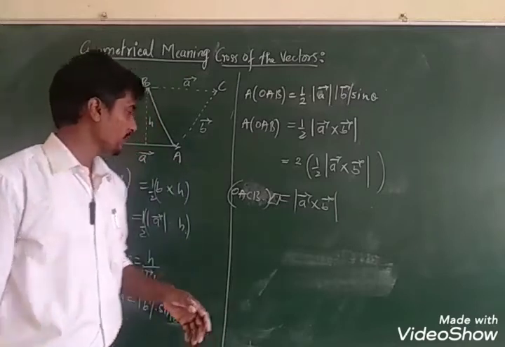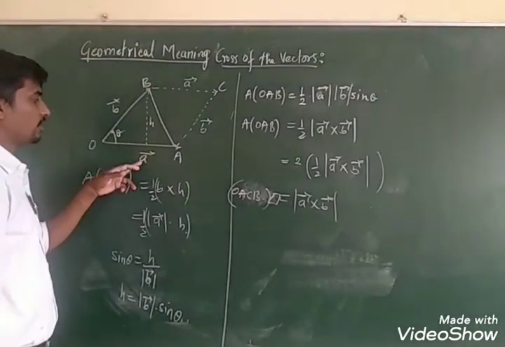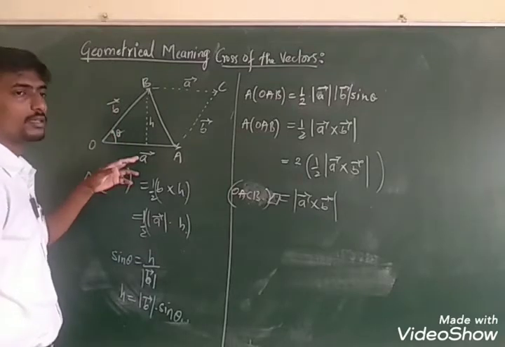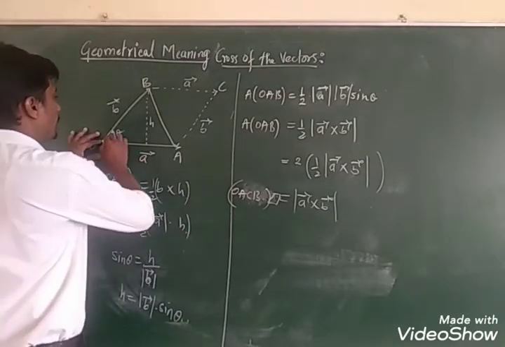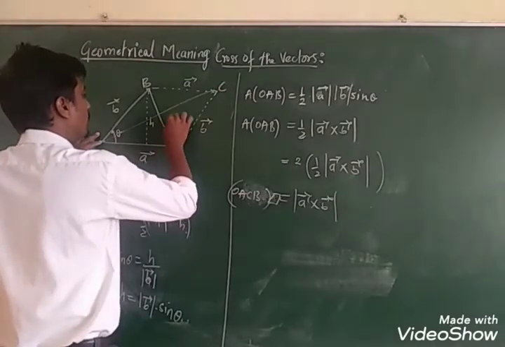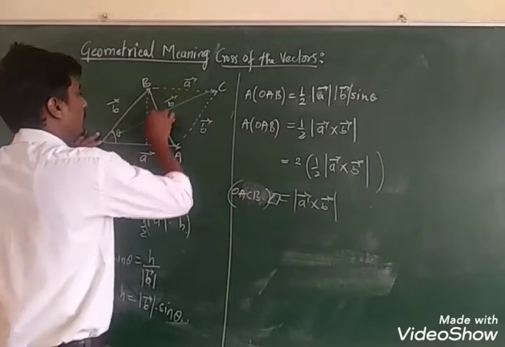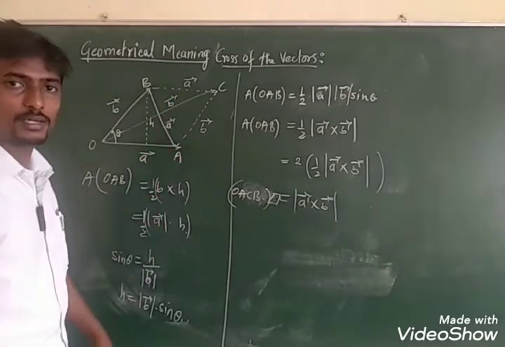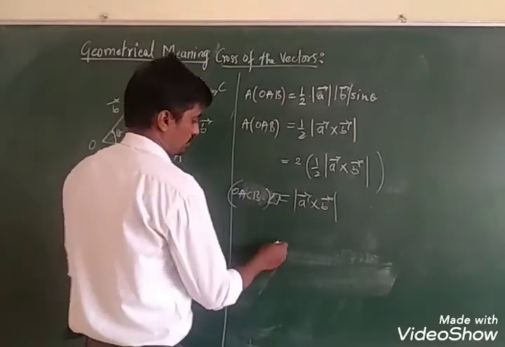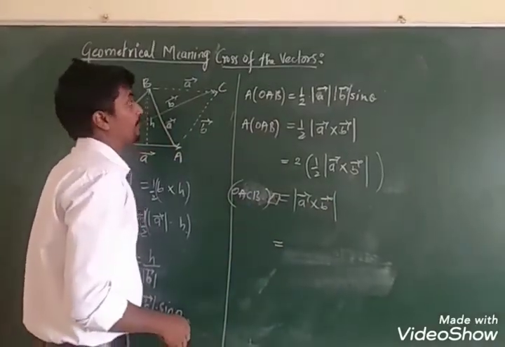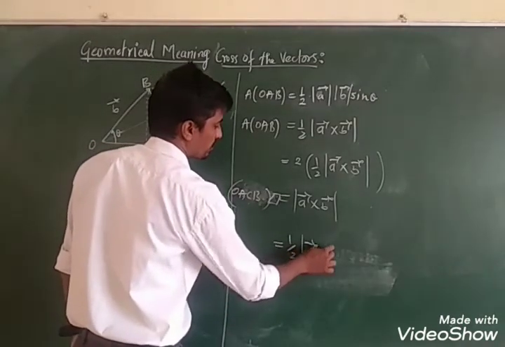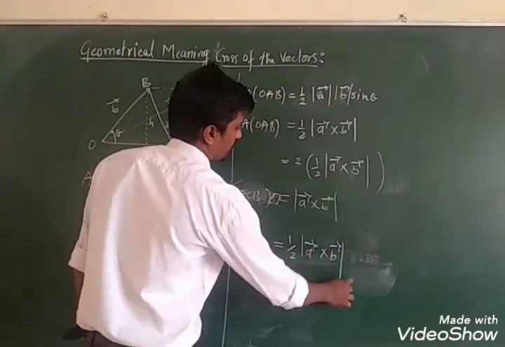Here, two sides are represented by vector A and vector B. Suppose these vectors are represented by the diagonals instead. Then the area of the parallelogram changes: it is one half the magnitude of A cross B only.